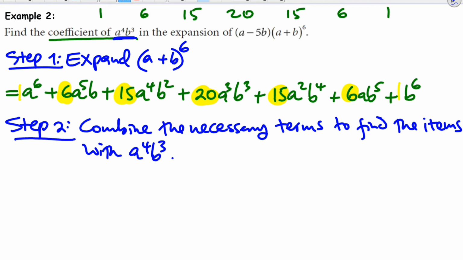How will that happen? By multiplying the results that we had in step 1 by (a minus 5b).